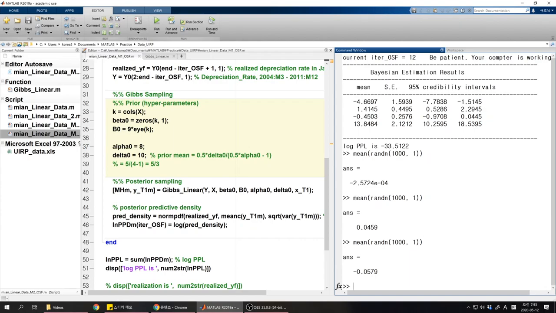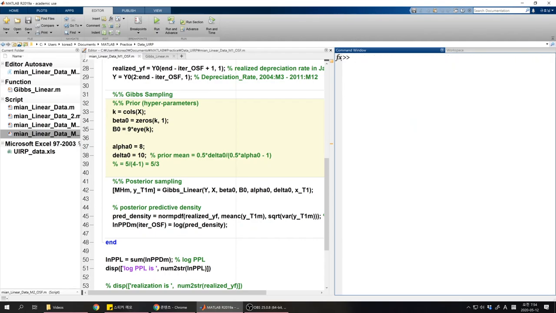You can see this is quite close to 0, but this is 0.05, and this is minus 0.05, right? So the numbers can be different by these small amounts. As long as your value is very close to minus 33, then it's fine. It could be minus 34 or exactly minus 33, right?